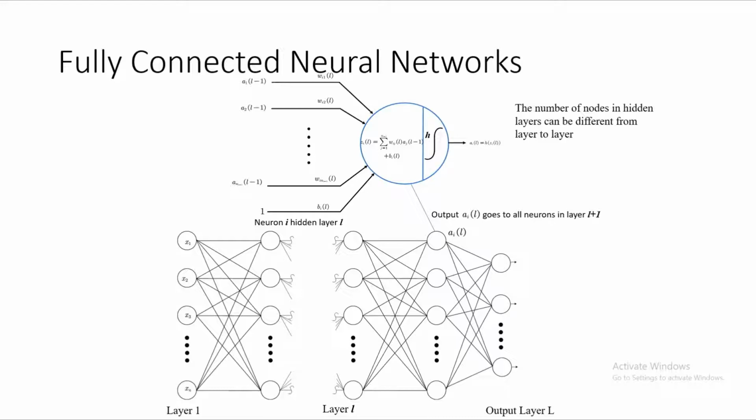Here we can see we have Wij, which is for the weight, and we have another subscript L. This L is nothing but the layer, and it ranges from 1 to capital L. This small L tells us the particular layer, and in the input layer L is equal to 1, and it will be capital L at the output layer.